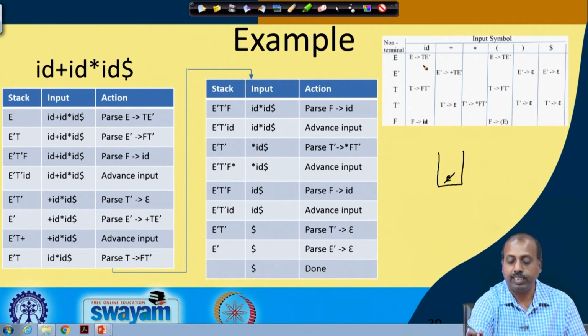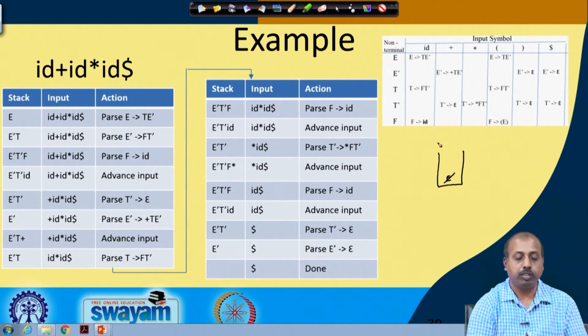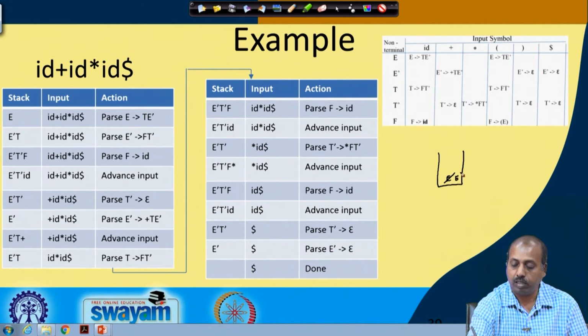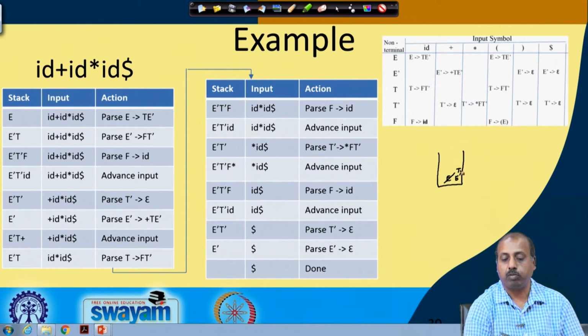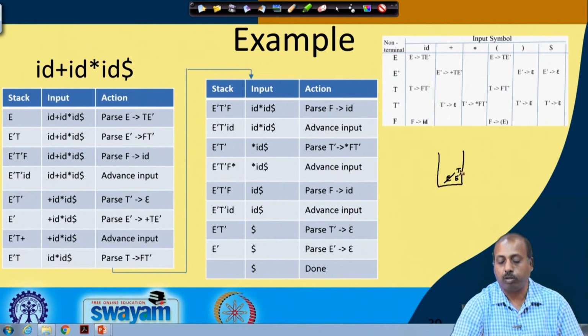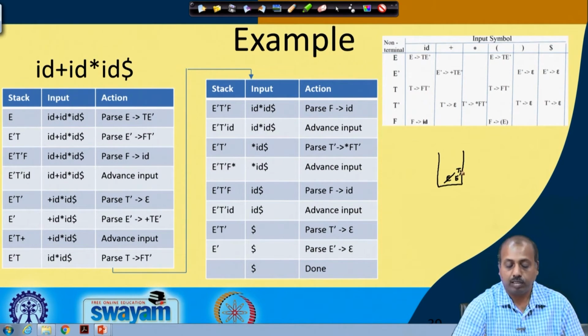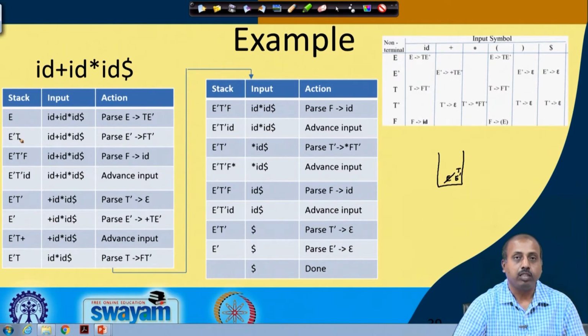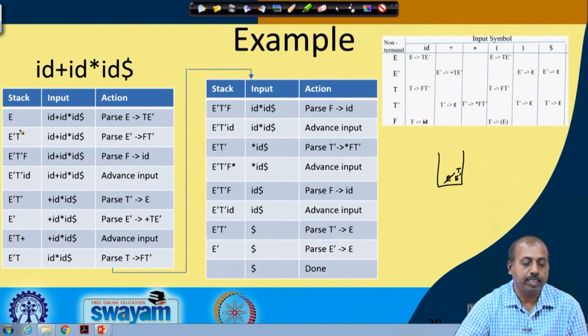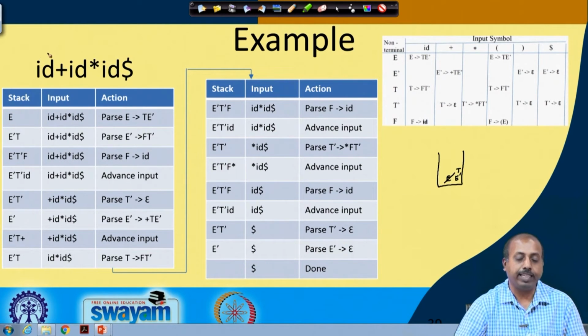Now, this T E dash will be put into the stack, so that E dash is at the bottom and T is at the top. Whatever symbol comes first will be at the top. So, here the stack is shown, this side is the bottom and this side is the top. The top of the stack now contains T and the input pointer is fixed at id only.